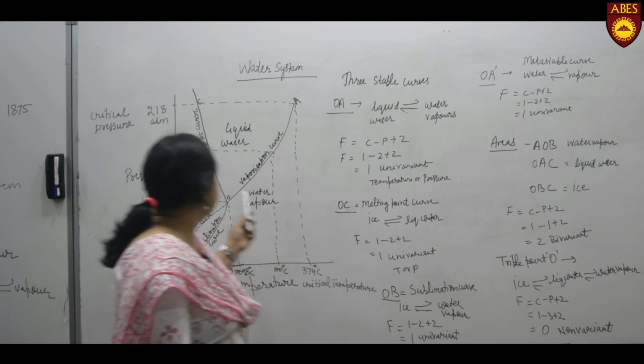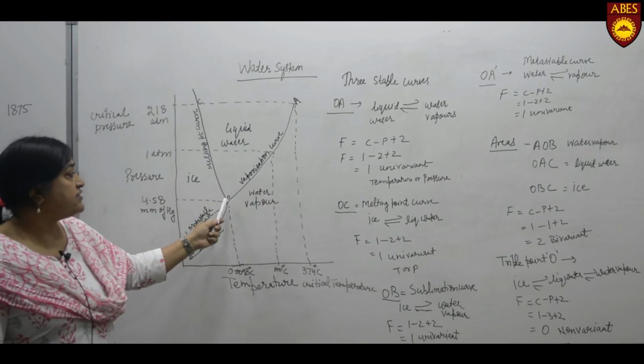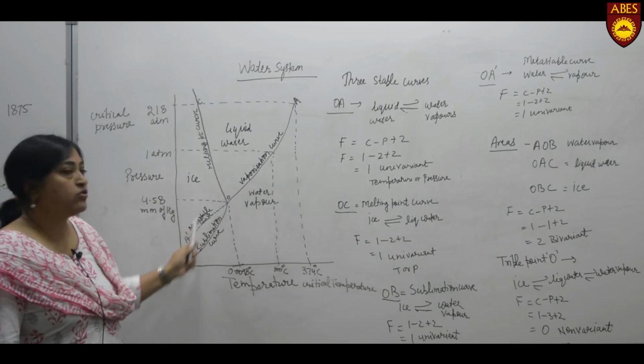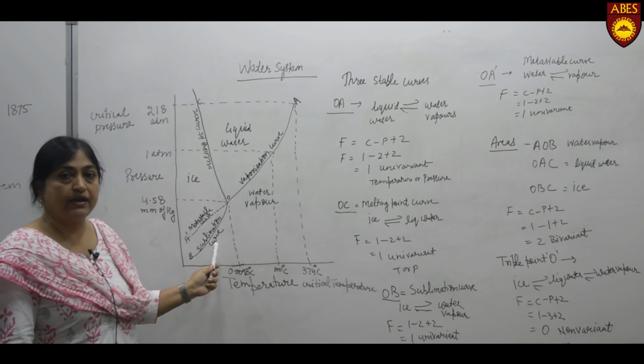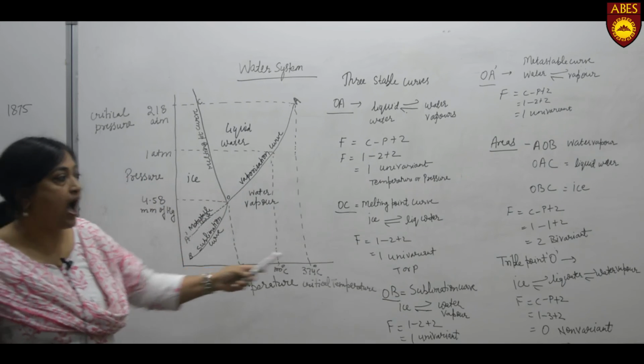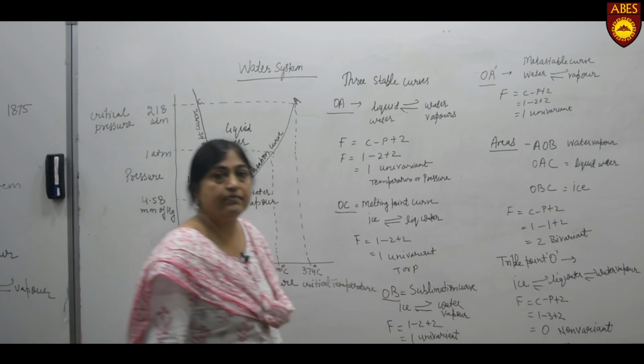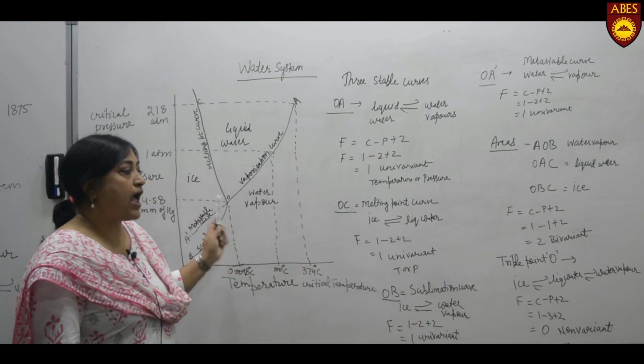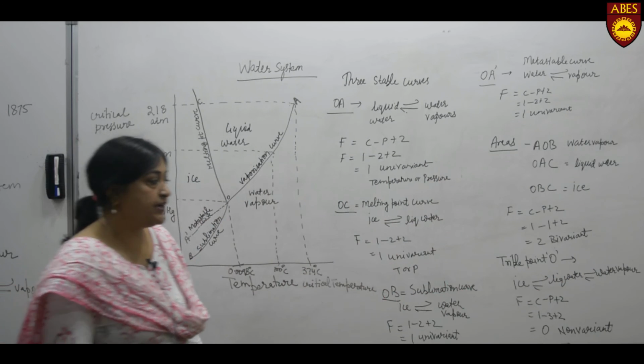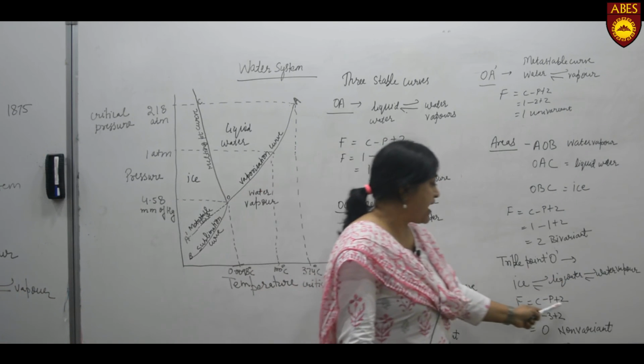And the last one is triple point O. At this triple point, OA, OB and OC all meet together, and all the three phases, ice, liquid water and water vapor, are at equilibrium at this point O. And we can calculate the degree of freedom, F = C - P + 2.